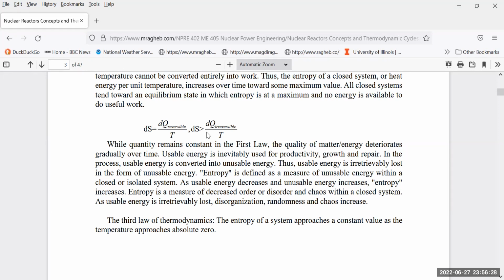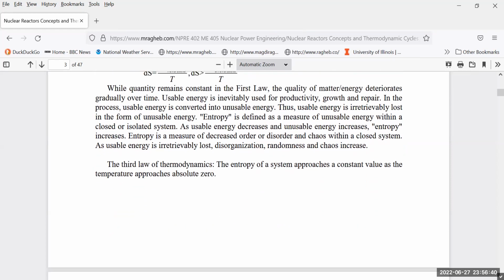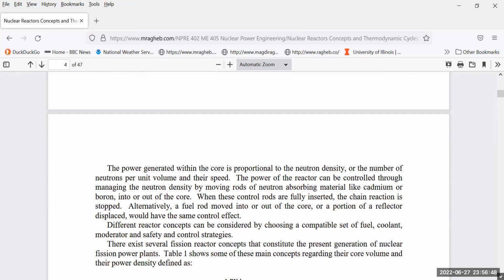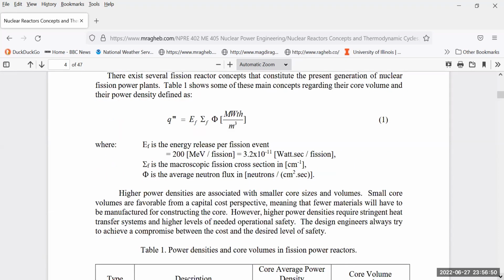So we have to be aware of this, and that suggests that for an irreversible system, dS, the change in entropy, is larger than dQ over T. The third law of thermodynamics suggests that the entropy of a system approaches a constant value as the temperature approaches 0. I'll leave this to your classes of thermodynamics to deal with.